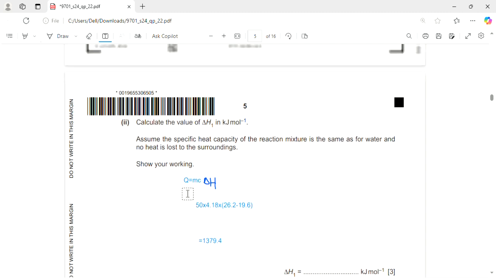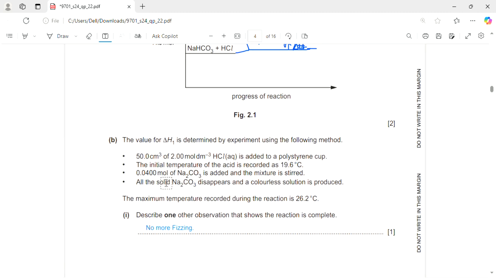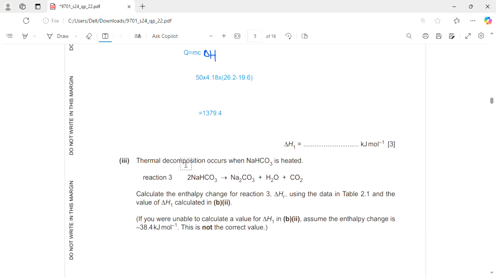But now you see that there is 0.04 mole of the Na2CO3. So we are calculating per mole.